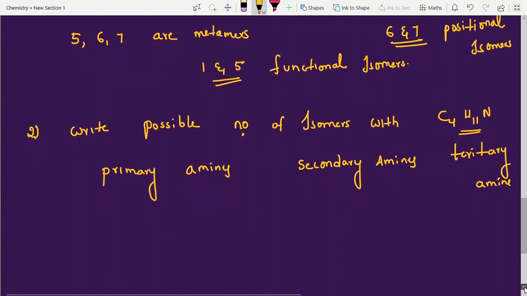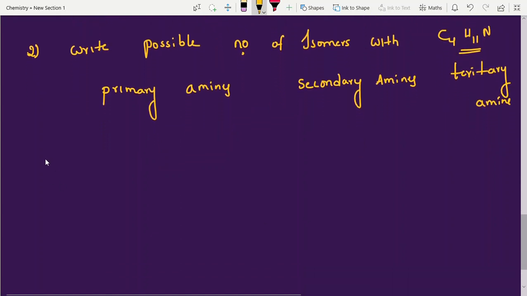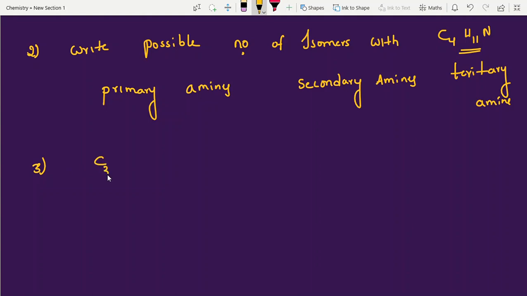Now, C3H6Cl2. Possible isomers, they are asking. Now look into this. Carbon, carbon, carbon. How many chlorines? 2.